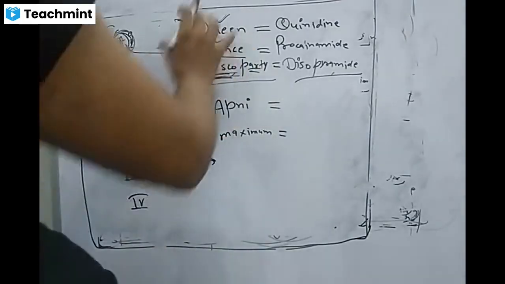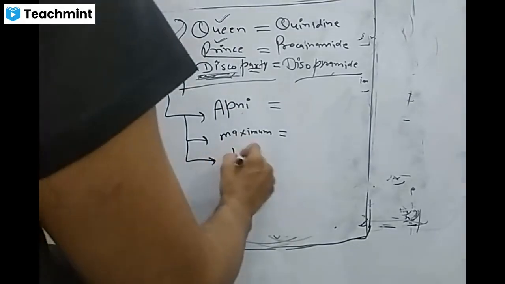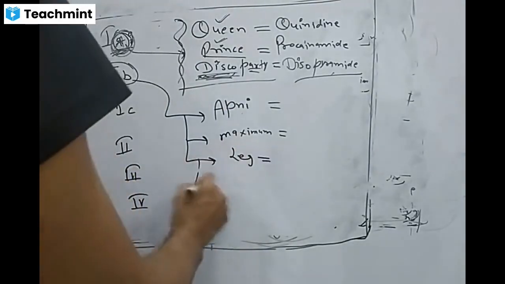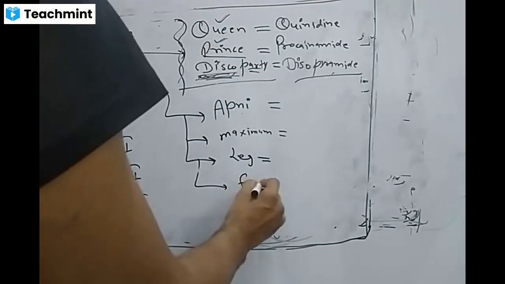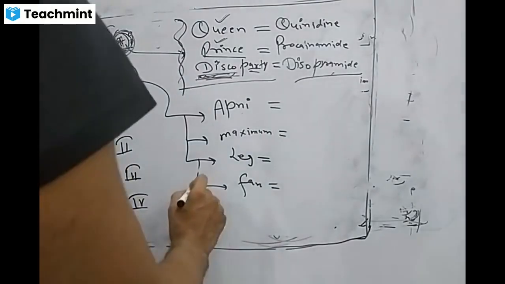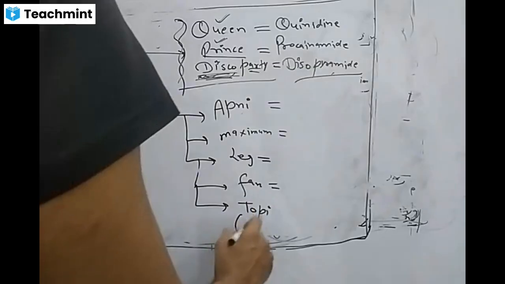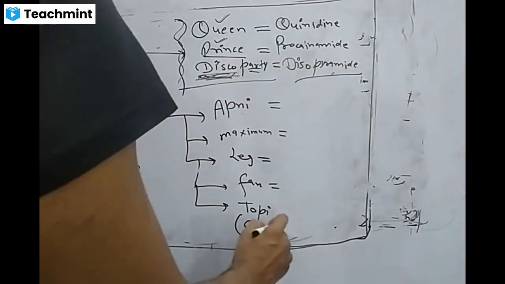What kind of service do they give to these queens and princes? They press their legs, they fan them, and they also put a topi on their head. Topi means crown.